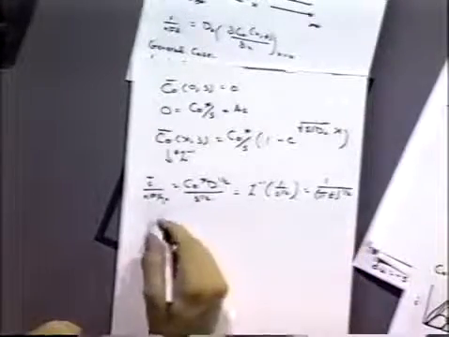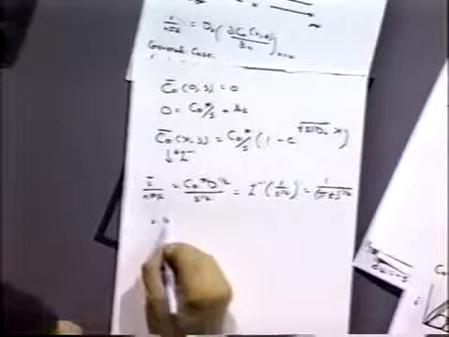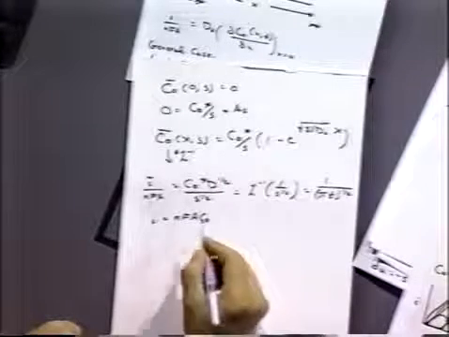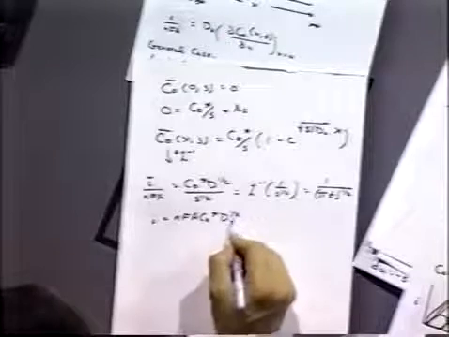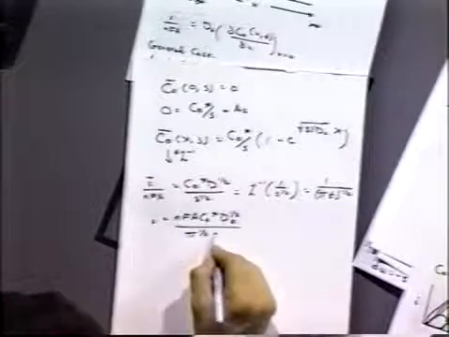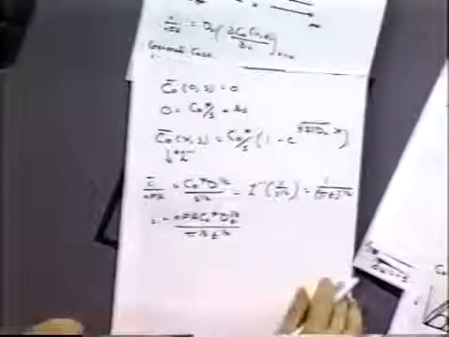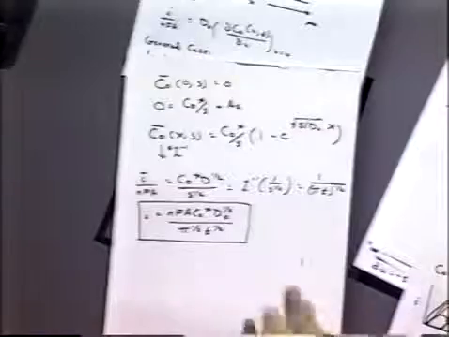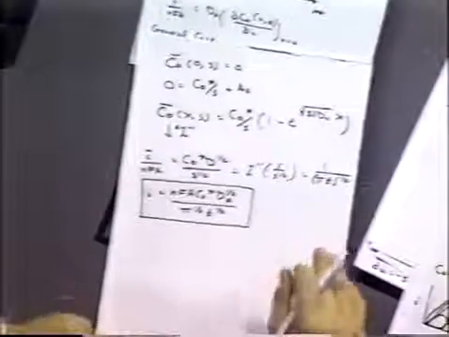So putting that in, we see that the current is equal to NFA C0 star D0 to the 1/2 over pi to the 1/2 t to the 1/2. Okay, so this is the Cottrell equation. This is an equation I would put in my head and not forget, for at least as long as you're taking exams in electrochemistry.